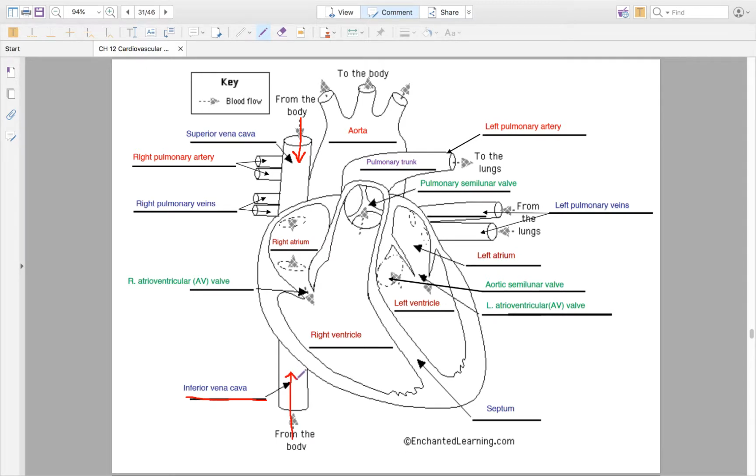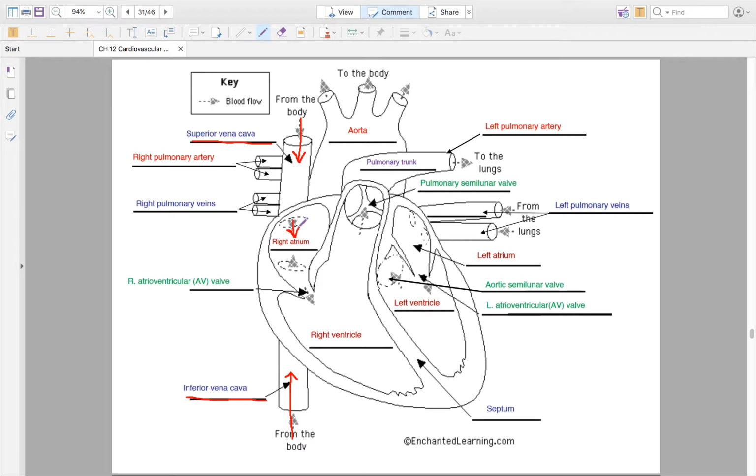And where does it go from here? They both, superior and inferior vena cava, will deliver blood to the right atrium.